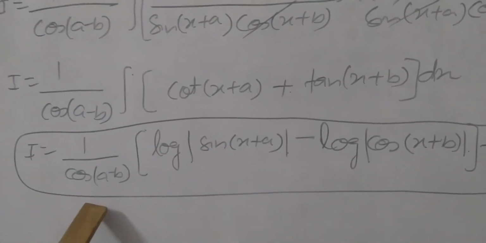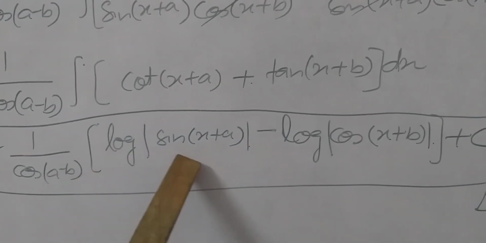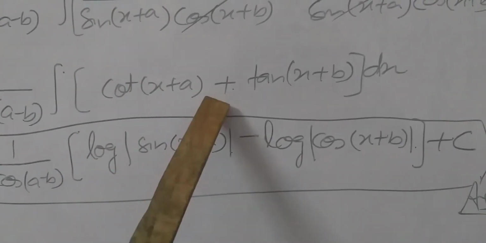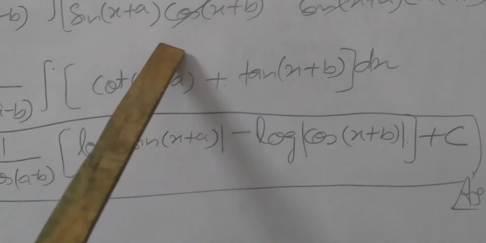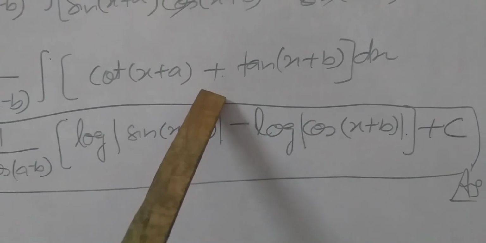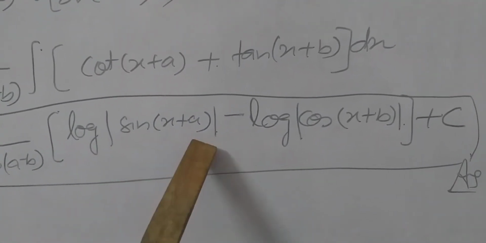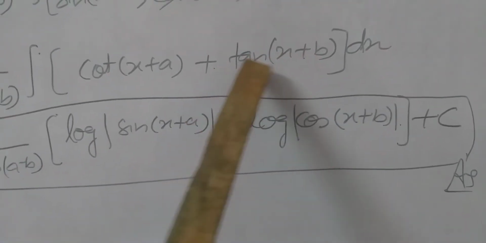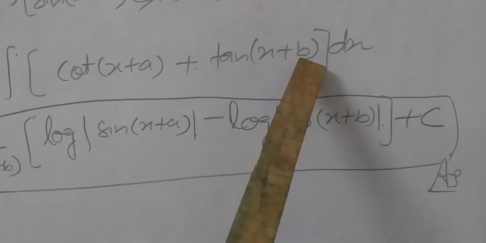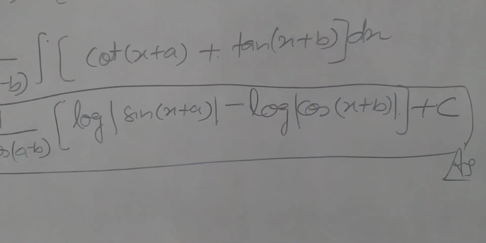So 1 upon cos a minus b, the integral of cot x is log sin x. In place of x, x plus a is there, so we write log sin x plus a. Similarly, the integral of tan x is minus log cos x or log sec x.